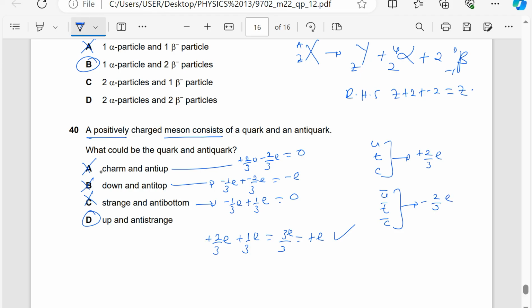Then down, bottom, strange have a charge of negative 1 over 3e. If I get the anti-quarks, anti-down, anti-bottom, and anti-strange, these ones will have a positive 1 over 3e. So you need to know these charges to be able to pass such a question. So the answer is D.